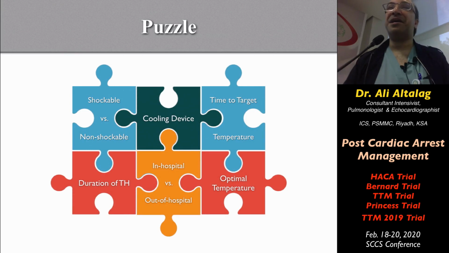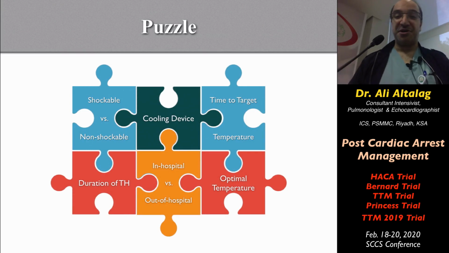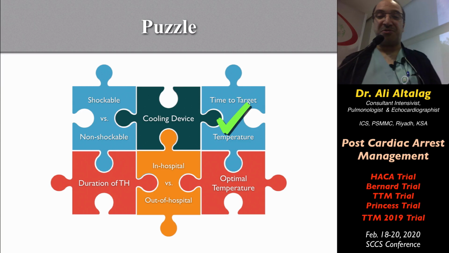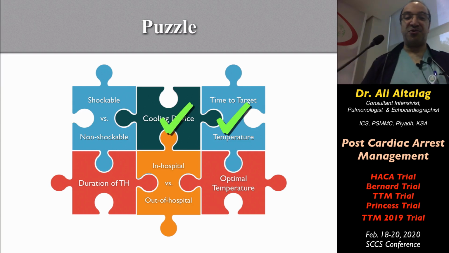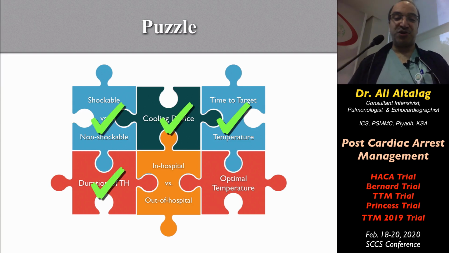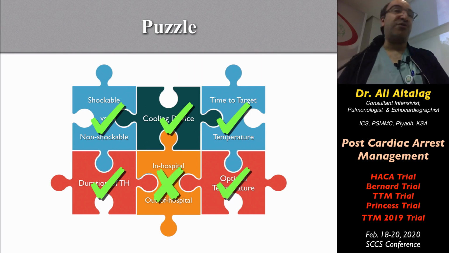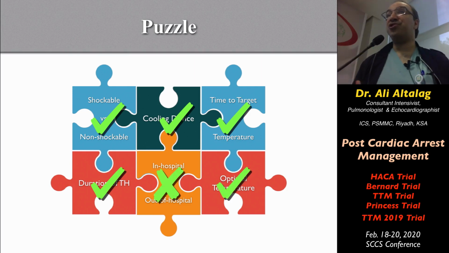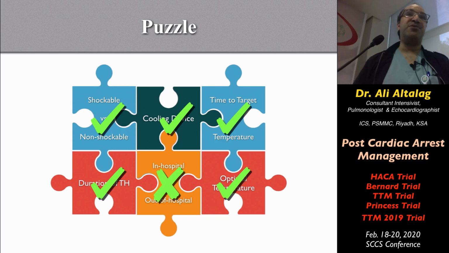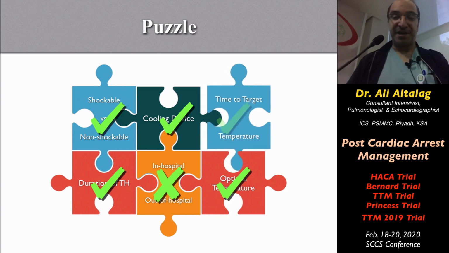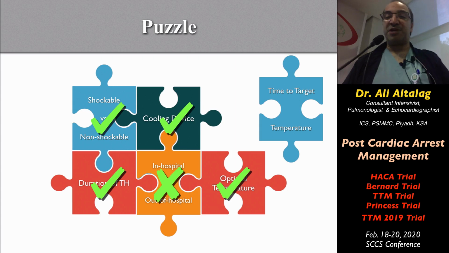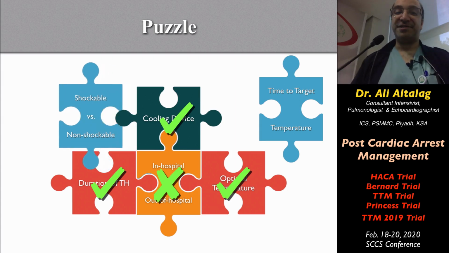So this is back to the puzzle. There are studies about time to target temperature, cooling device, shockable versus non-shockable, duration of hypothermia, and optimal temperature. There are no studies or major studies about in-hospital compared to out-of-hospital cardiac arrest. But time to target temperature, we don't know exactly what it is.